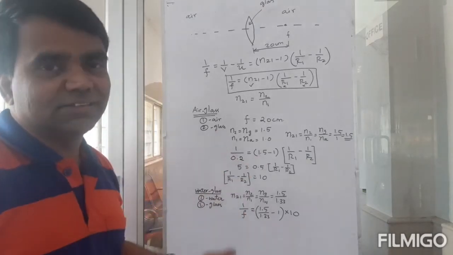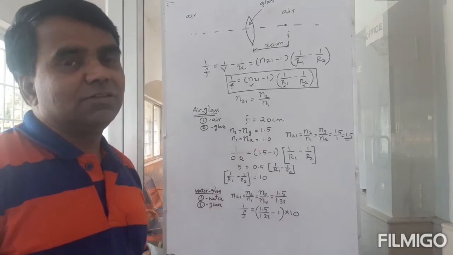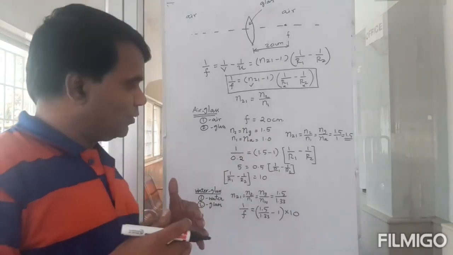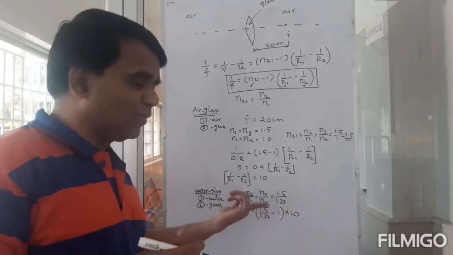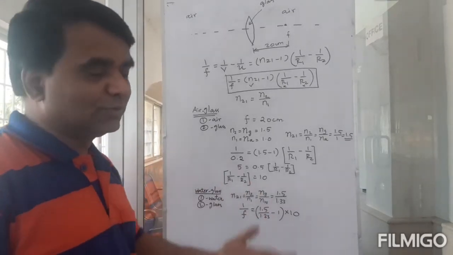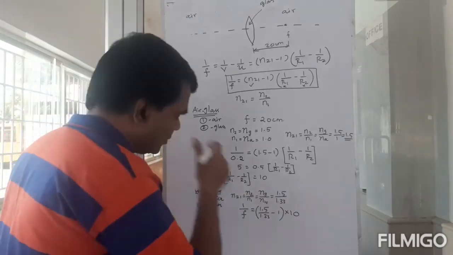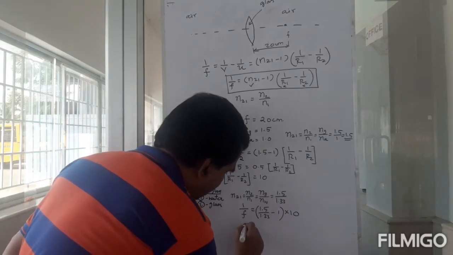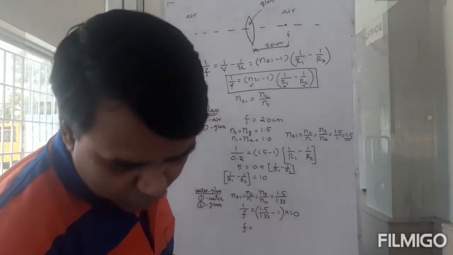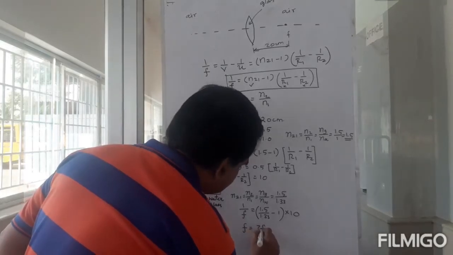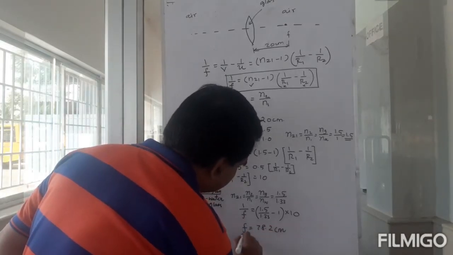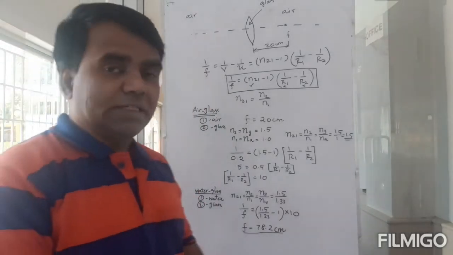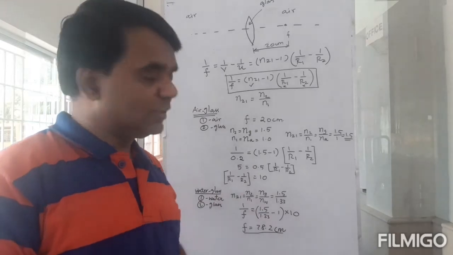So 0.17 by 1.33 into 10, something like that. When you do this, the F, as per your book, is going to be 78.2 centimeters. So the focal length is going to be 78.2 centimeters.